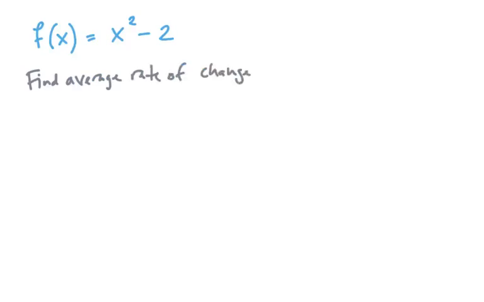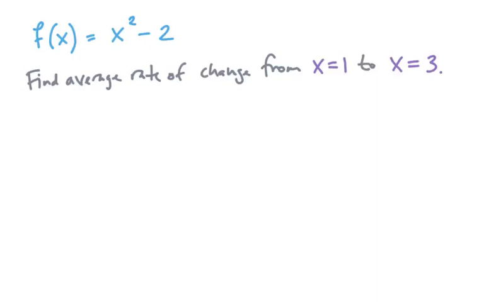So the equation of the function could be, it was a parabola, so let's say it was x squared minus 2. And our goal is to find the average rate of change from x equals 1, let's go from x equals 1 all the way to x equals 3.